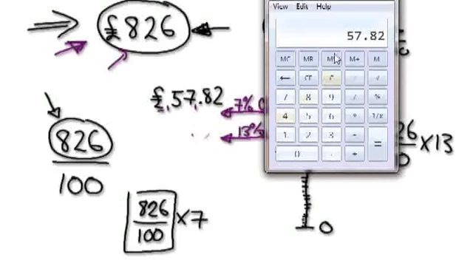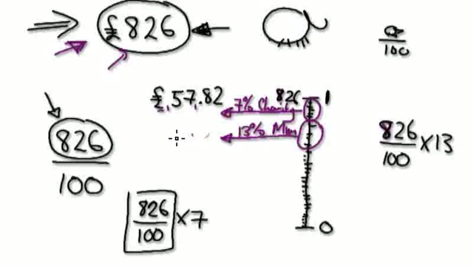So get your calculator out, clear everything. Your whole amount is 826, and you're going to split it into 100 pieces, and then you're going to give 13 pieces to your mum. So times 13. So 13% of that is 107.35 pounds going to your mum. Okay, it could be dollars, it could be anything.